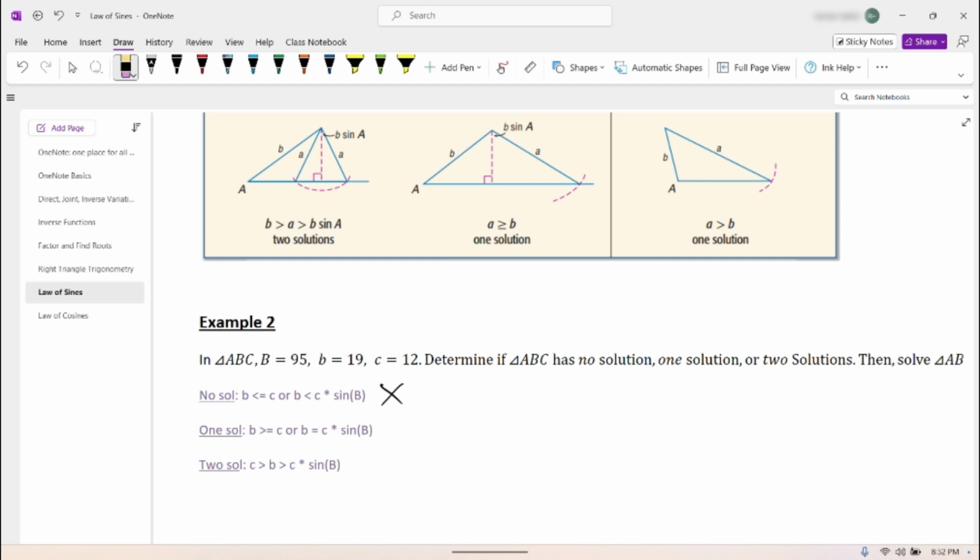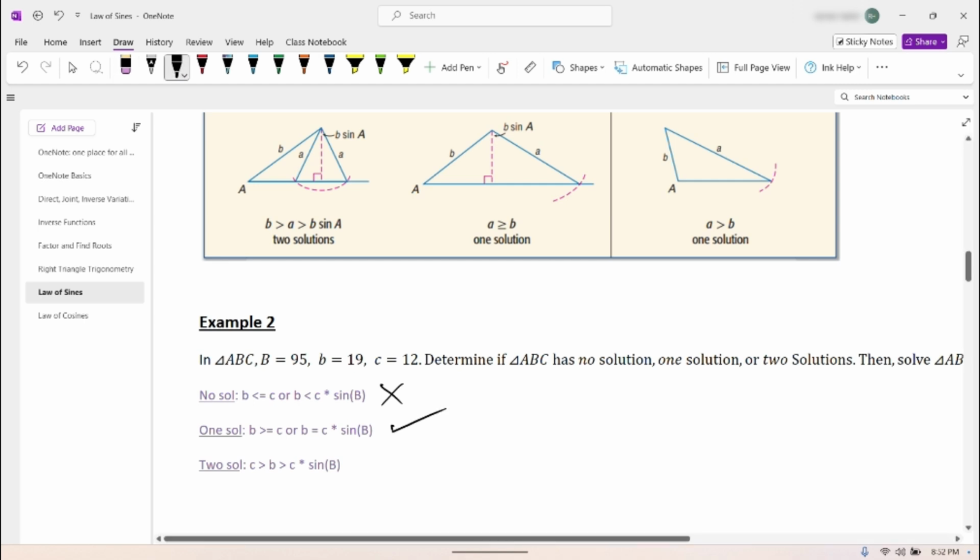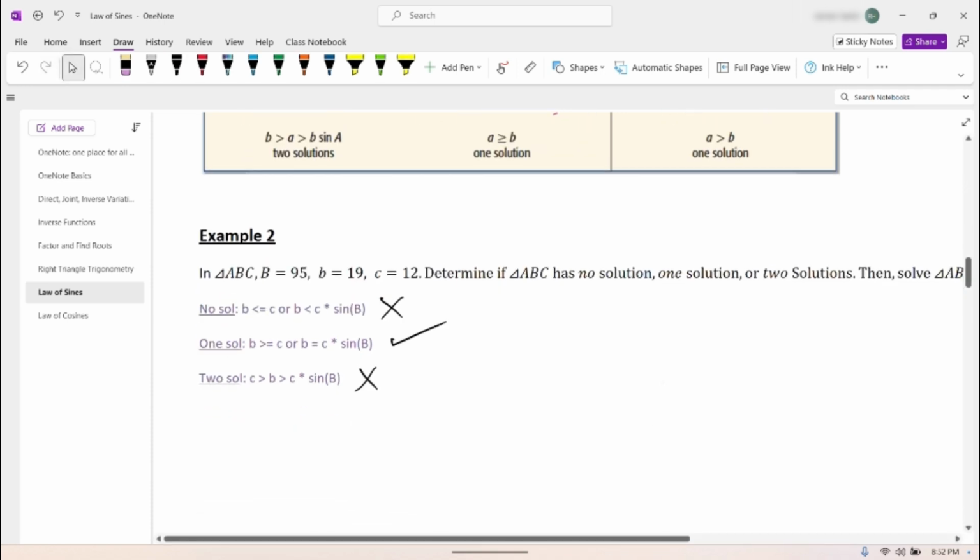We don't even have to worry about b equal to c sine B, because we know that it is one solution in this case. And this is where we stop, because for the last condition, two solutions, we need c greater than b and greater than c sine B. c is not greater than b, so this doesn't work either. So it is one solution in this case.